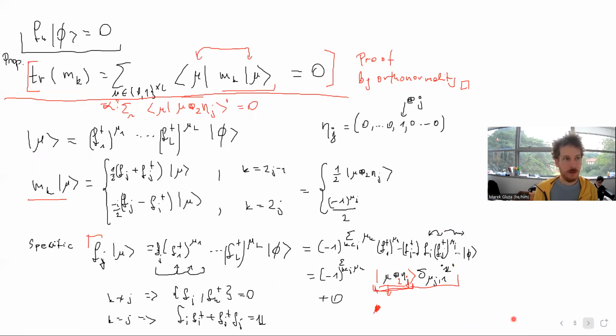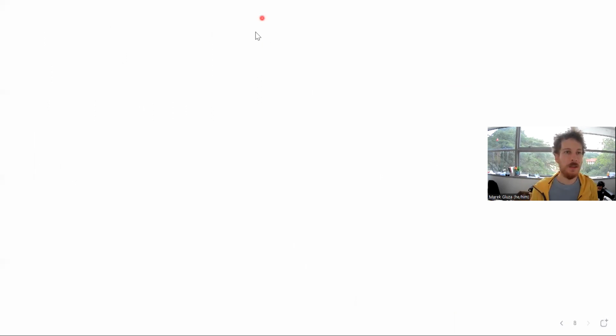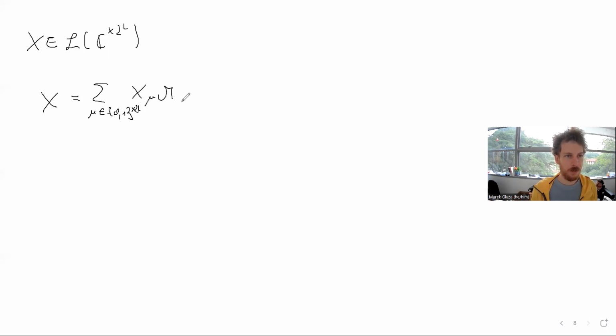And now I have a set of operators that are orthonormal in the Hilbert-Schmidt basis, which means that I can express any linear operator on C to the power 2 to the power L as a sum over mu starting from 0, 1, then Kronecker, just regular Cartesian product, x mu, m mu.